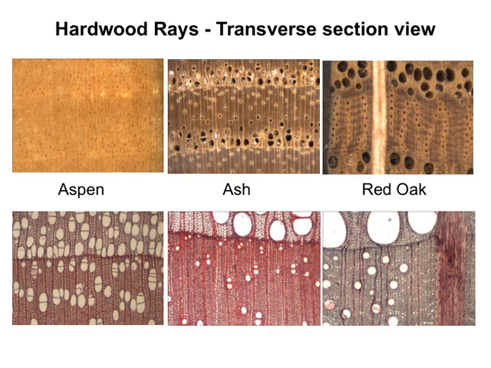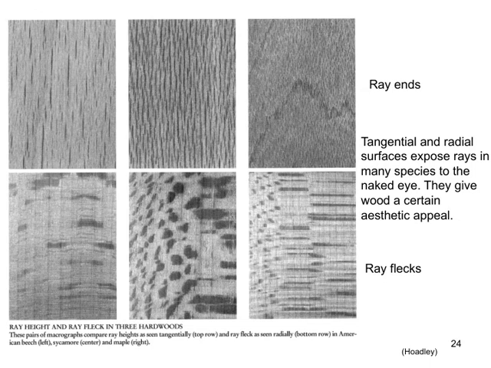This ties back into the overall theme of understanding wood anatomy and how it influences our use of different hardwoods in various applications. On this slide, we're looking at how tangential and radial surfaces in wood expose rays that are visible to the naked eye. These rays, which are part of the wood's cellular structure, create distinctive visual features. They often give the wood a unique aesthetic appeal, adding character and depth to the surface. When we see ray flecks or ray ends, those are the parts of the rays that become prominent.